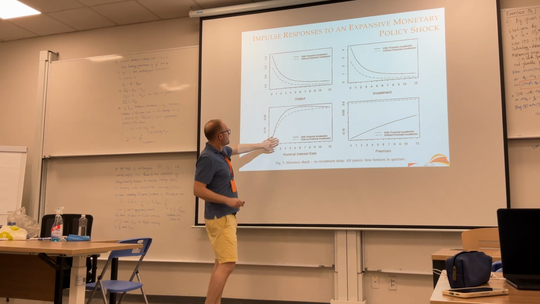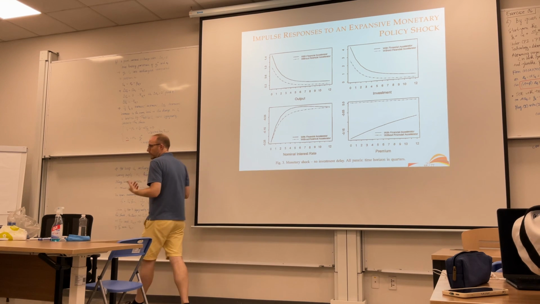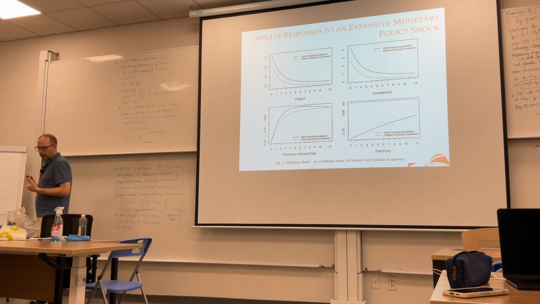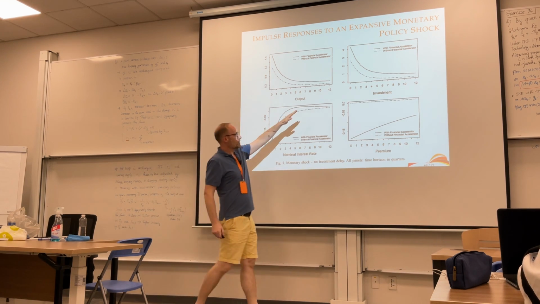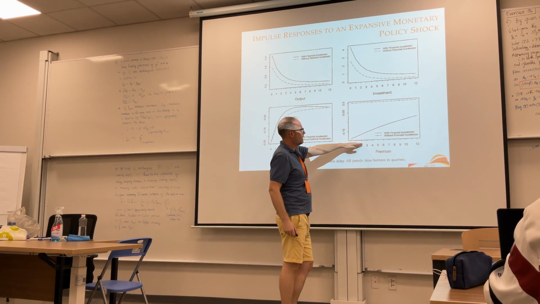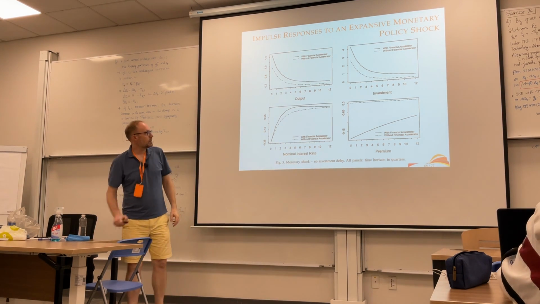What does this mean? If we have this boost in output, this is going to be increasing our net worth. That is going to push down the external finance premium, relative to the baseline level.